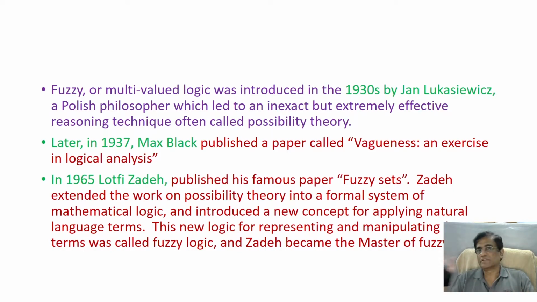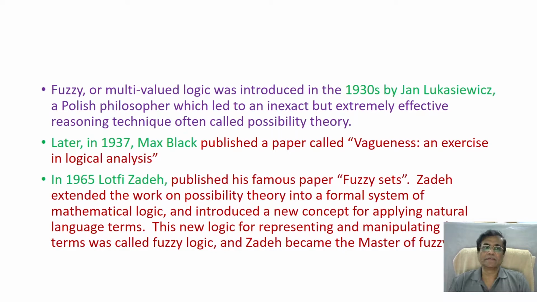Suppose you are using bi-value logic, tall or not tall. If my height is 6.1, I'll be classified as tall. But if somebody has 5 feet 9 inches, she or he is also tall, but in your bi-value logic, she will be considered not tall. So bi-value logic has lots of limitation in expressing real world problems.